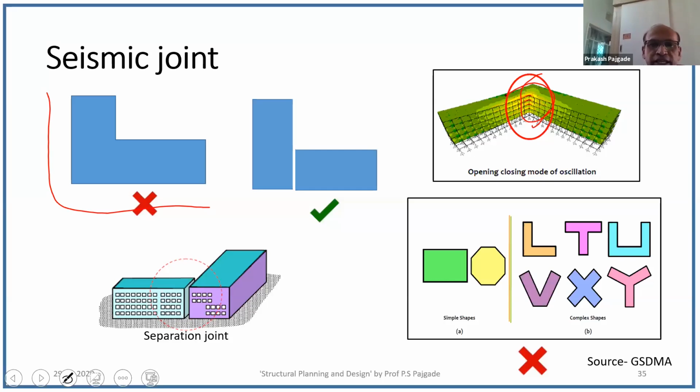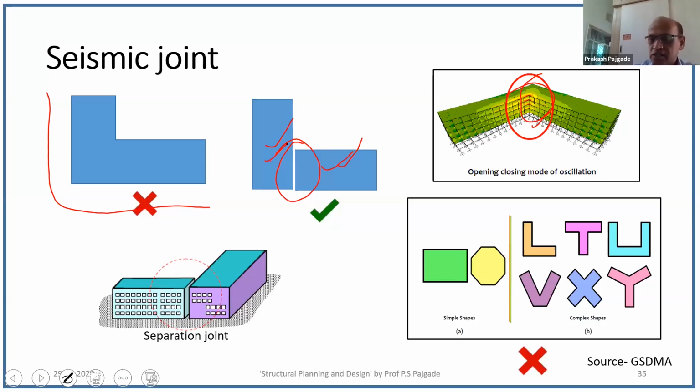To avoid this, if we divide this building into two parts with a seismic joint, we have to provide a sufficient separation gap so that from the elevation or functional use point of view, it will be an L-shaped building. But from the structural point of view, these two blocks will behave as different blocks, and the response will be better.